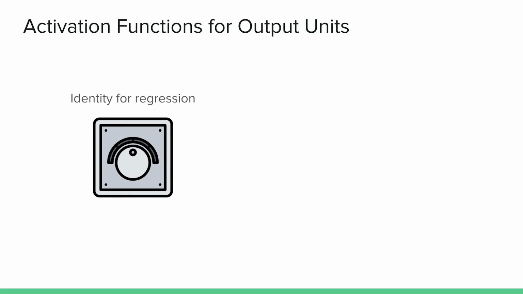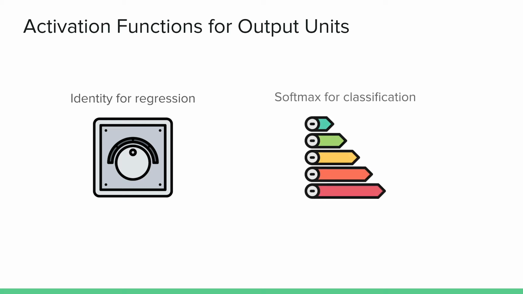If we want regression, we can use a very simple thing like the identity function, just output whatever we want. If we want to measure the distance between two objects, the distance could be the output. And if we have a classification problem, we could use a so-called softmax activation function.